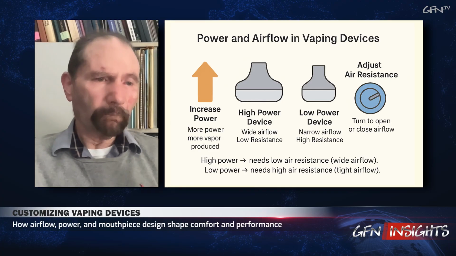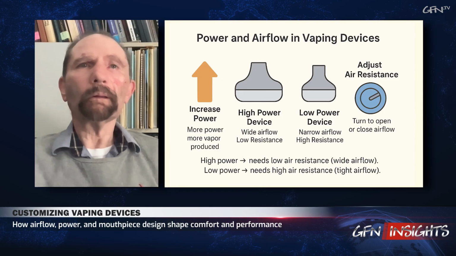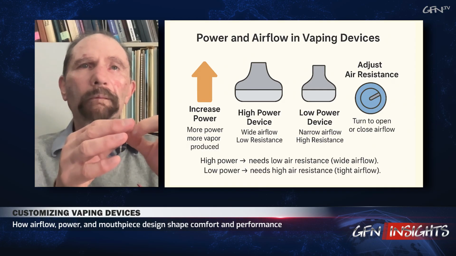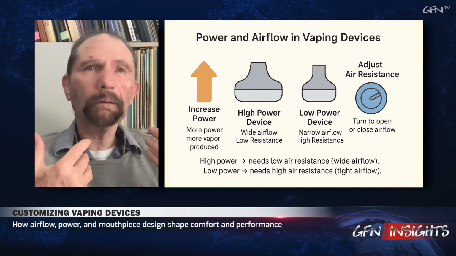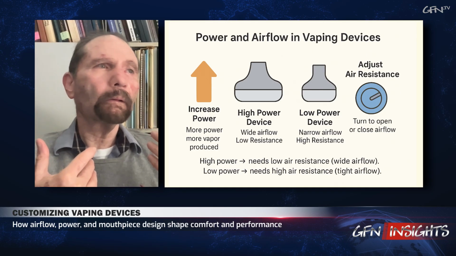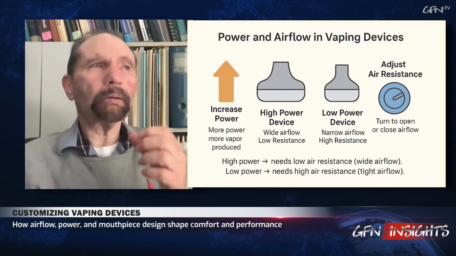Typically, if you are going to puff a very powerful device, these devices have a very wide mouthpiece, and this mouthpiece facilitates a very natural inhalation to the tidal volume.